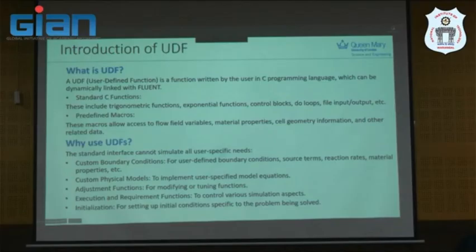For example, we may want to change the boundary conditions, such as if the boundary conditions vary with the temperature or pressure and something else, the standard interface cannot provide such a function.